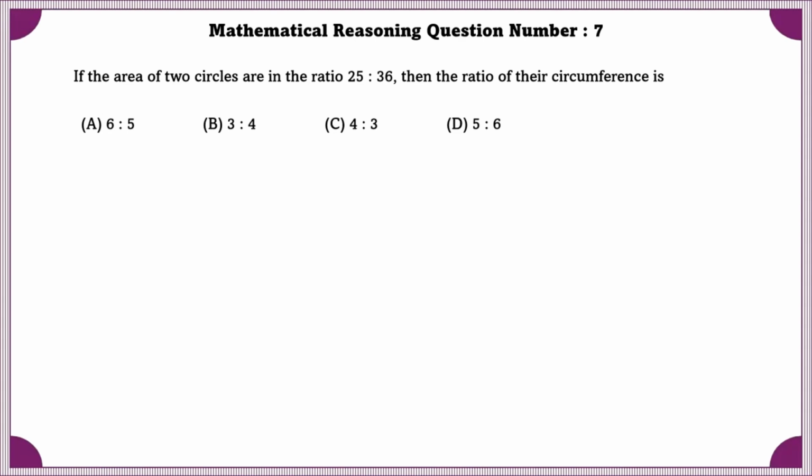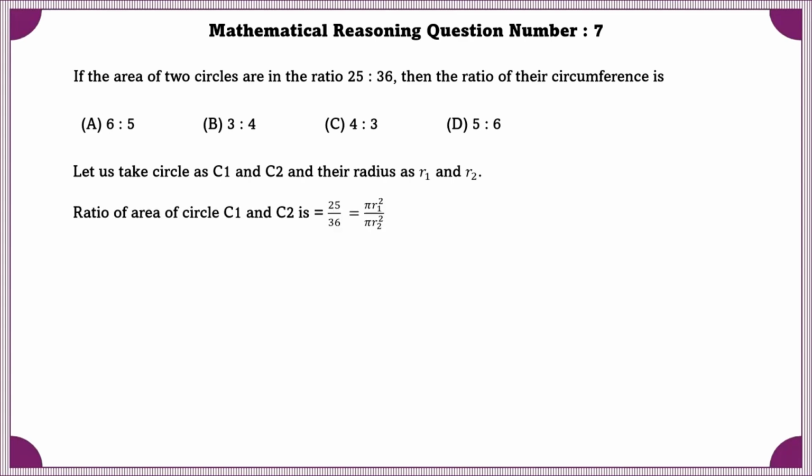Mathematical reasoning question number 7. If the areas of two circles are in the ratio 25 is to 36, then the ratio of their circumferences is... Let us take the circles as circle 1 and circle 2 and the radii as r1 and r2. The ratio of the areas of circles C1 and C2 is 25 by 36, which is equal to pi r1 square by pi r2 square. We can take r1 by r2 as 5 by 6.